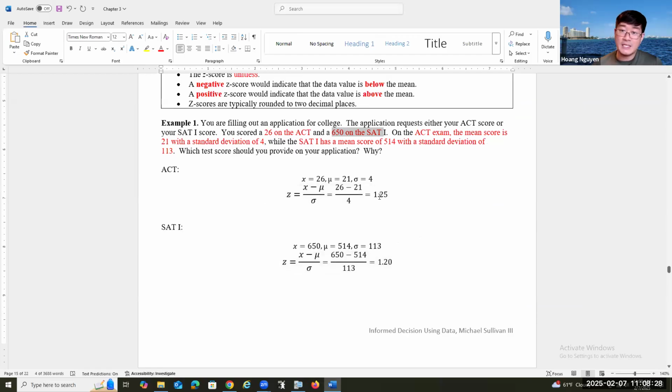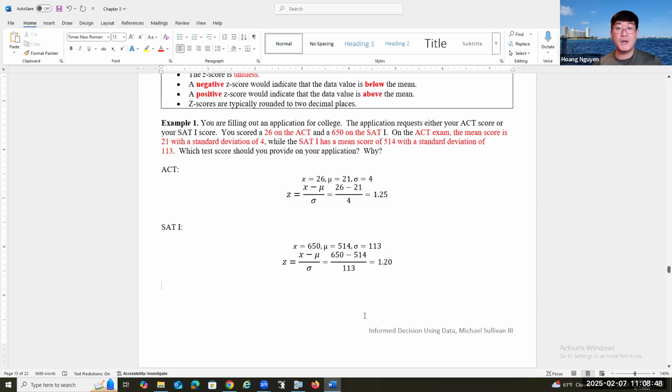So the ACT is 1.25 standard deviations above the mean, and the SAT is 1.20. Which one is larger? Which one is better? For the ACT, you go further above the mean. For the SAT, you don't go as far. So it looks like you did better on the ACT.